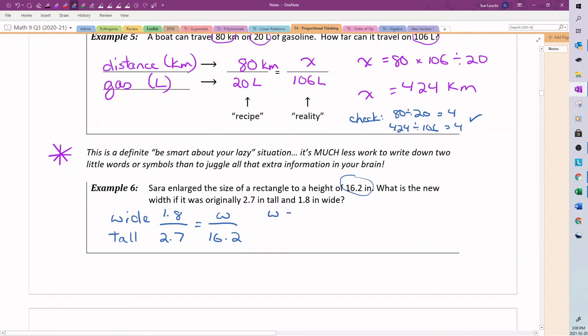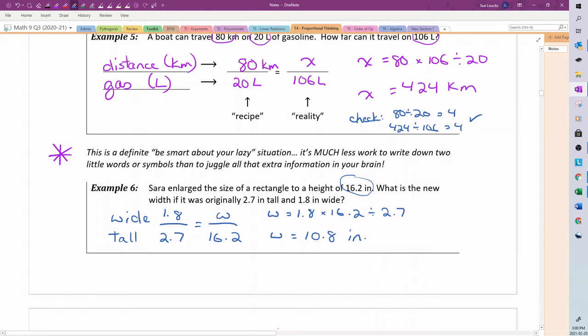So W equals 1.8 times 16.2 divided by 2.7. Get my calculator out. My width is 10.8 inches. Is that a reasonable number? Yeah, I think so.